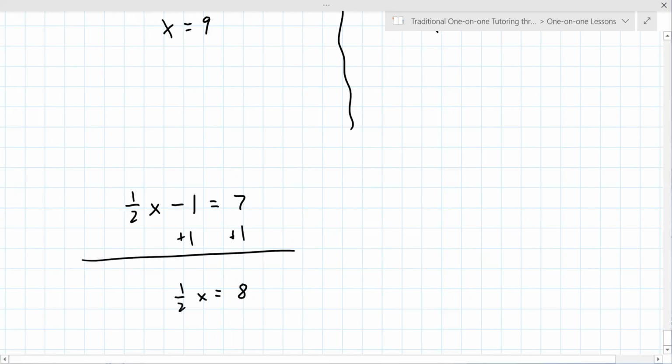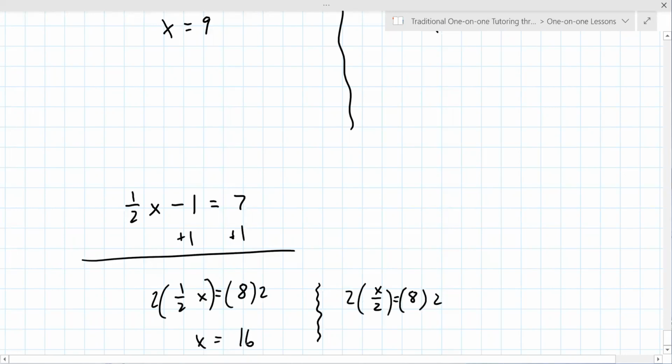Whenever you see the 1/2 or fraction, you can write it as x over 2. So you have division. How do you undo division? Multiplication. Okay, yeah, I see.